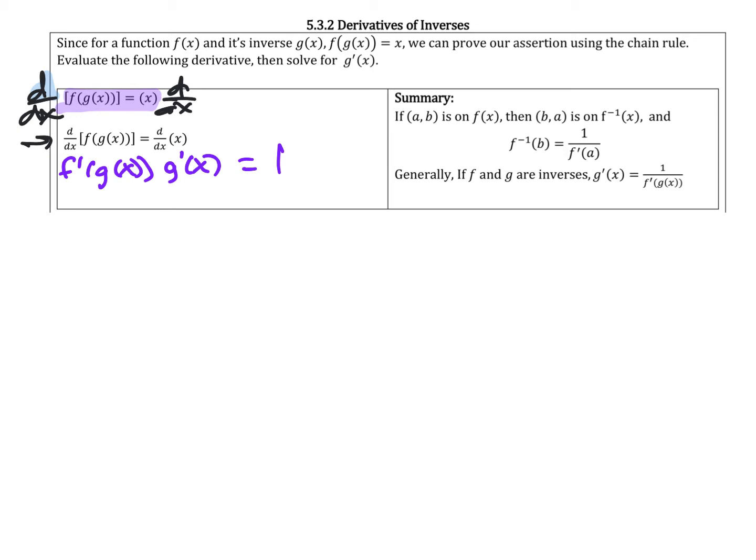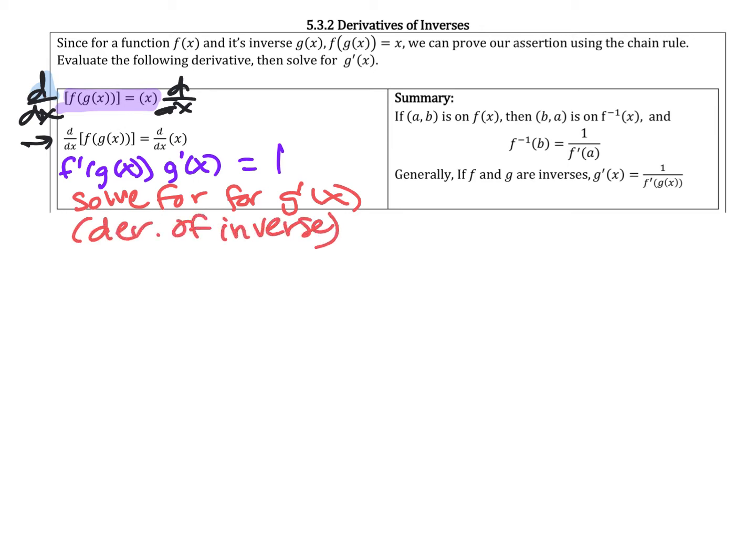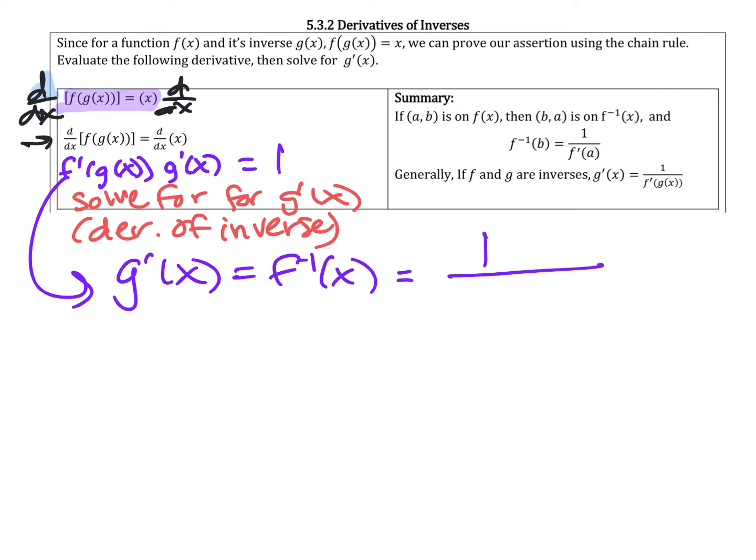So if we wanted to solve for the derivative of the inverse, so now we're going to solve for g prime of x, because that is the derivative of the inverse, we would get this relationship, that g prime of x, which is the same thing as the derivative of the inverse, so I'm actually going to write it this way also, is equal to 1 over f prime of g of x.